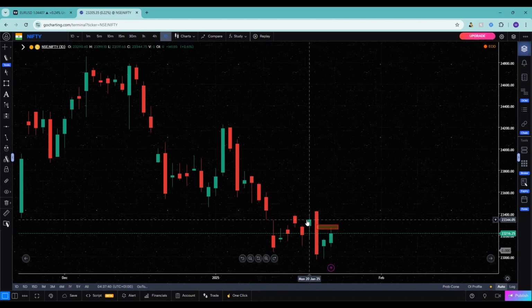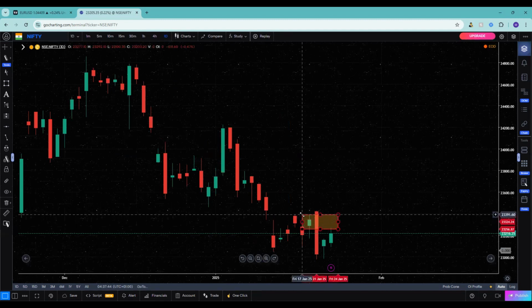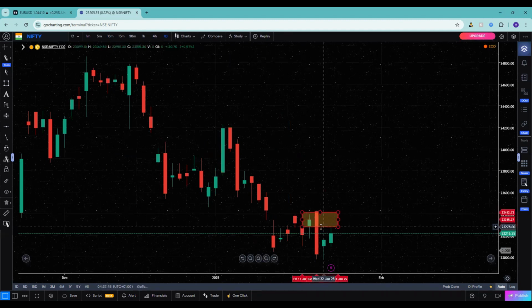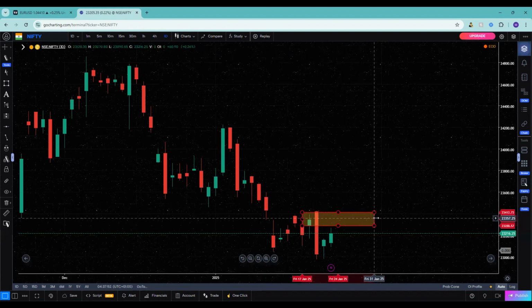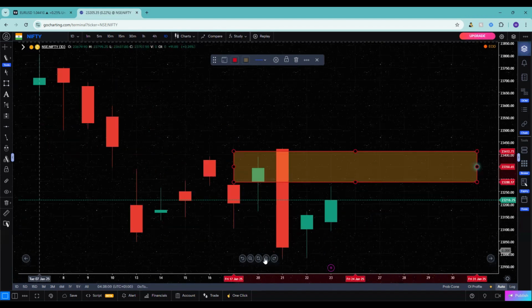Okay, on the daily time frame, I would have taken it from here. This red candle is supposed to be the last sell candle before price starts going down. Yes or no?